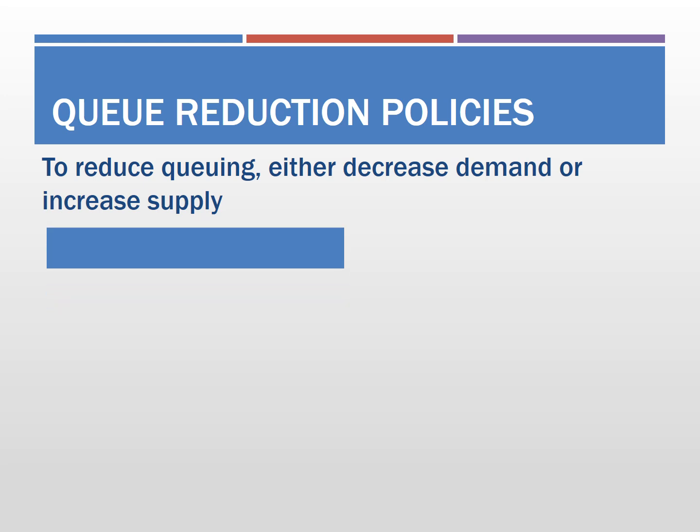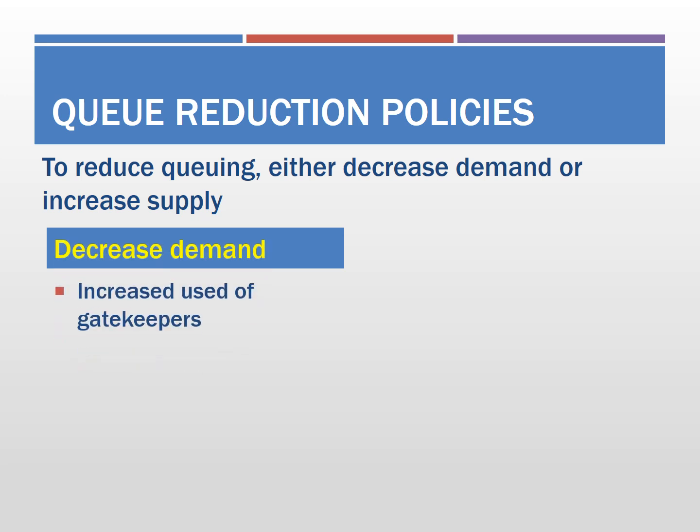So let's take a look at this idea. One way to effectively decrease demand is to increase the use of gatekeepers, as we illustrated earlier. By limiting the access of low-benefit patients, we can definitely reduce demand for the service.